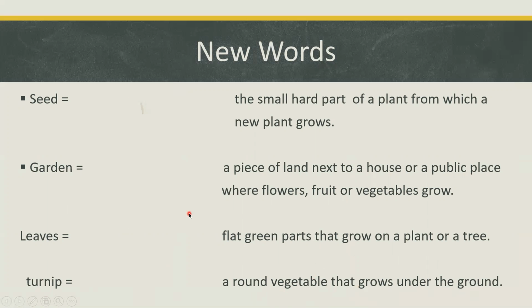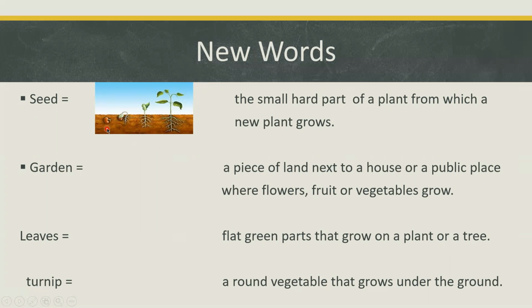So now let us see the images related to these new words. Seed. Students, so everyone can see here inside the soil there is a seed. So this is the small hard part of a plant from which a new plant grows. See the stages. Okay, this is actually a seed germination experiment here.